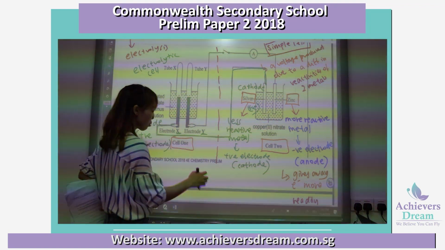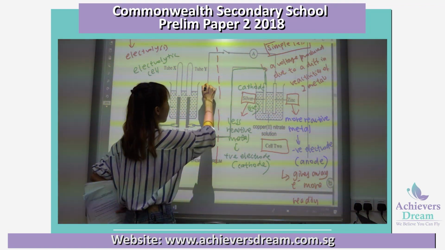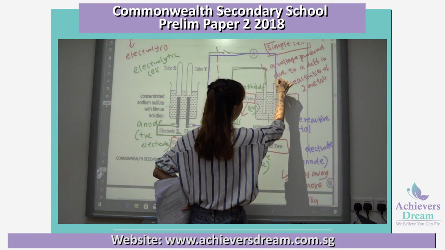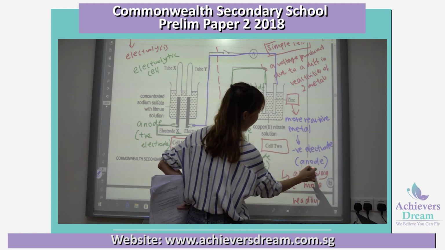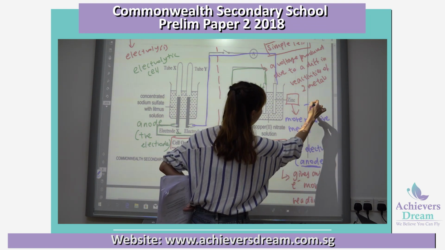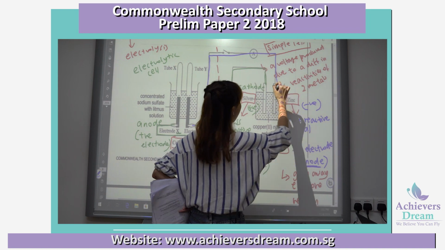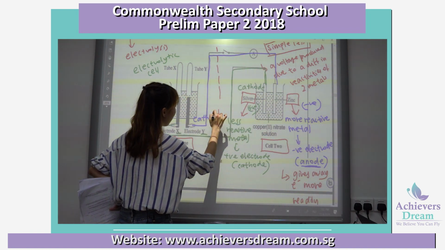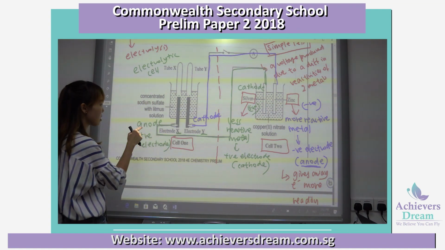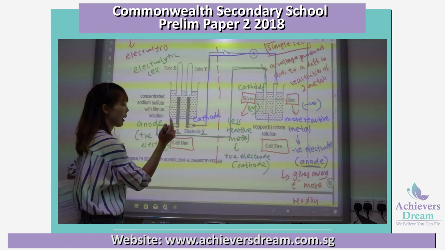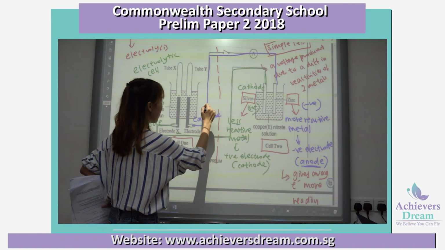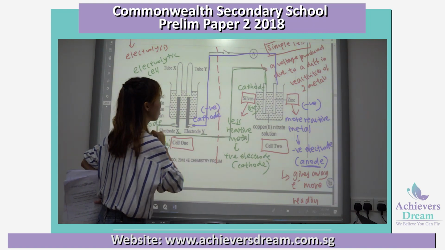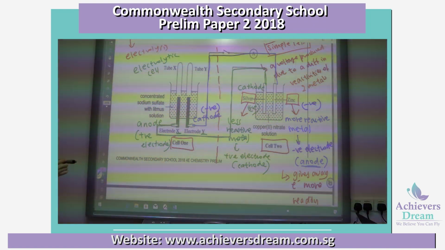So electrode Y is connected to your zinc, which is the anode or your negative electrode, correct? So your anode must be connected to the cathode. So electrode X is the anode, electrode Y is your cathode. So cathode is negative charge, your negative electrode.